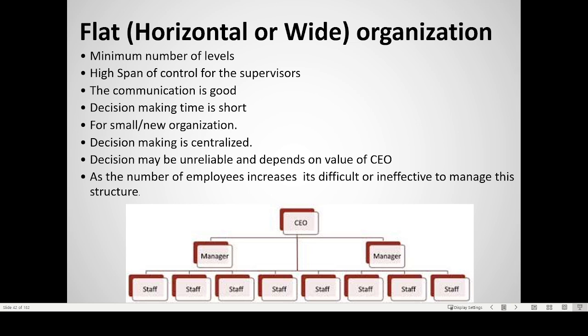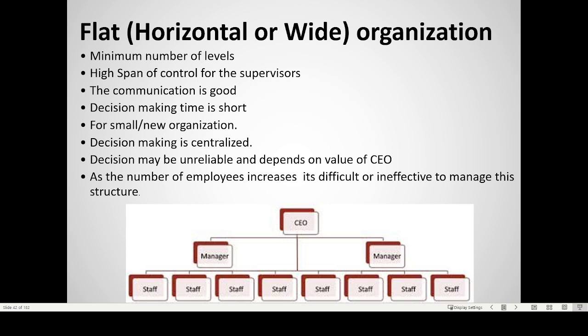The communication is good because the only layer between the staff and the CEO is the managers. So it's easy to reach the CEO and even much easier to reach the manager. Decision making time is short.